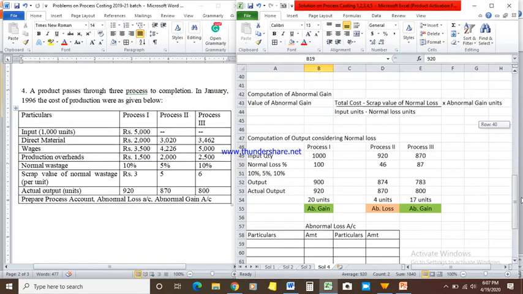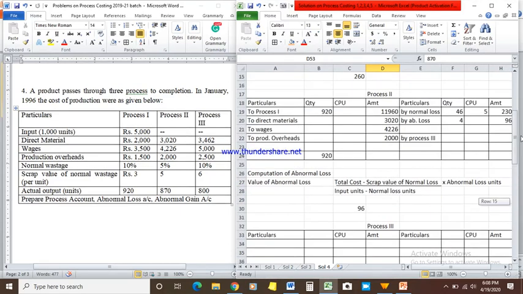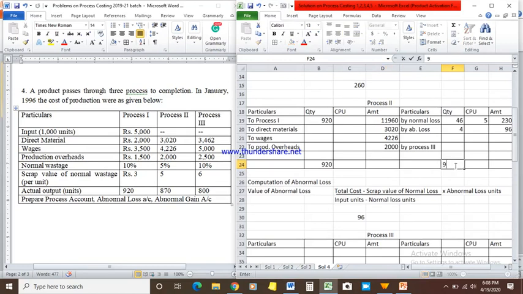Out of 920, if I minus the 50 units, so 50 units are taken out, it is 870. This is our actual output.